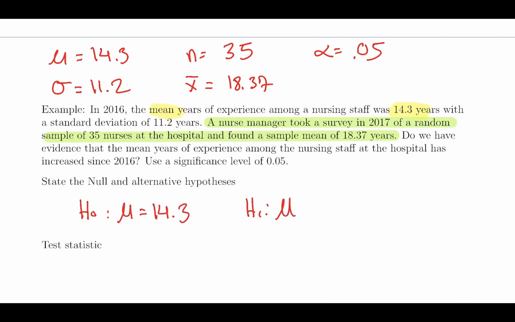Do they still believe it's 14.3? Yeah, they actually think it's greater than 14.3 now, so we have to use a greater than sign. All right, everybody got mu is equal to 14.3 and mu is greater than 14.3 for my null and alternate hypothesis?